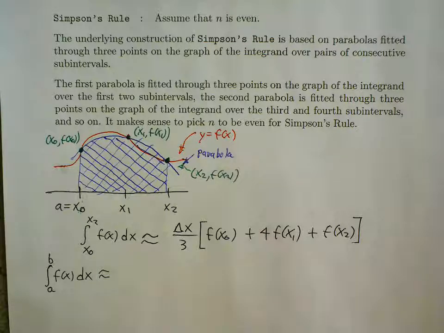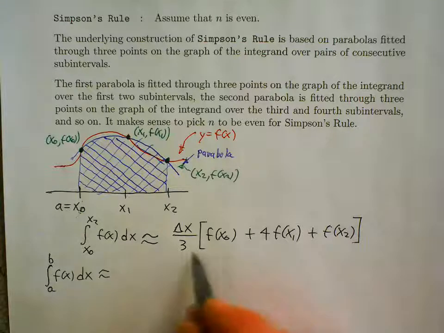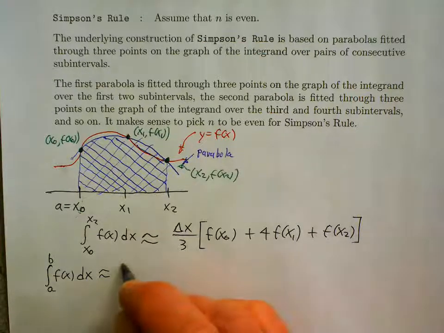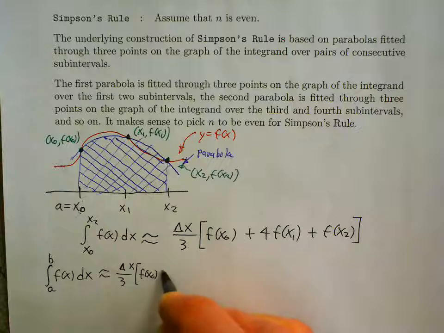That's why n has to be even. Okay, so the first one on the 2 subintervals from x sub 0 to x sub 2. So I'll rewrite this so we get delta x over 3. I'll try to write a little smaller so we can fit more in.